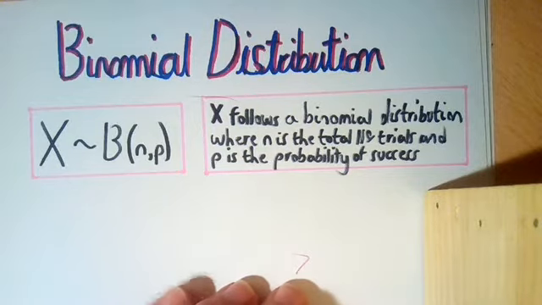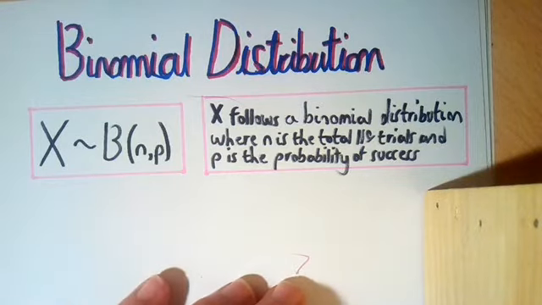And what capital X is, basically, that's your discrete random variable, so it has to take on certain values, and it's basically asking how many out of those n times do you get a successful outcome. So let's say rolling a 4 on your 6-sided die is a successful outcome. Then if you roll it 10 times, how many times do you get a 4? That is what you're asking with a binomial distribution.